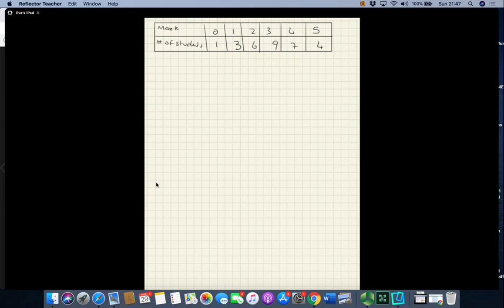So in fact in this case what it's telling me is that I have 1 0, I have 3 1s, I have 6 2s, I have 9 3s, I have 7 4s, and I have 4 5s.